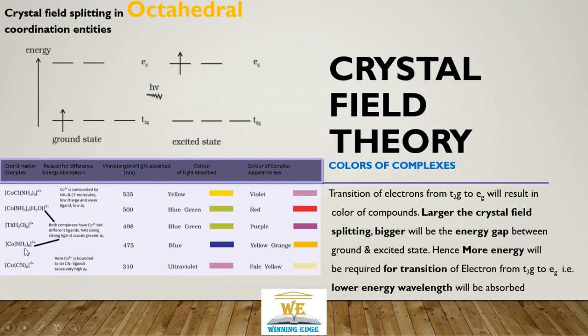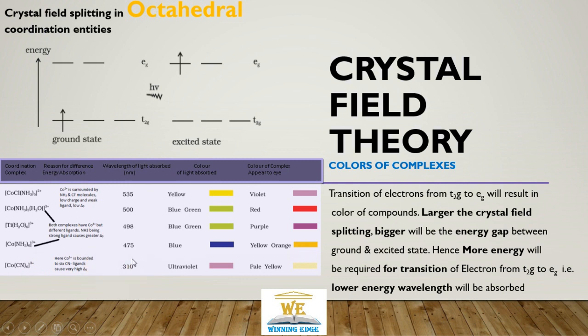Again, in the cobalt hexaammine complex, the wavelength will be still lower, in the bluish region. Color absorbed will be yellow orangish. And with the cobalt cyanide complex, cyanide we know is the strongest ligand among all these, even stronger than ammonia, and we have a 3 negative, an anionic complex.